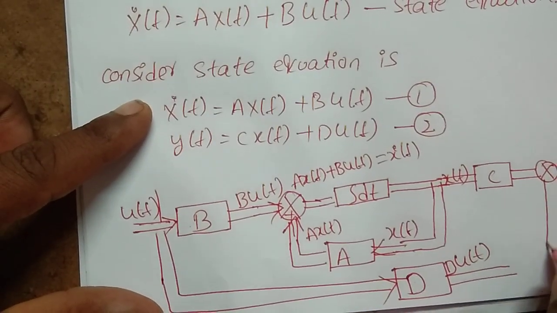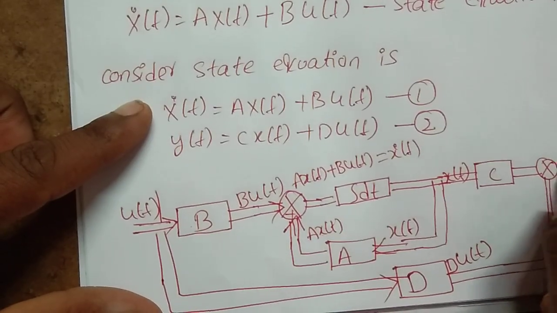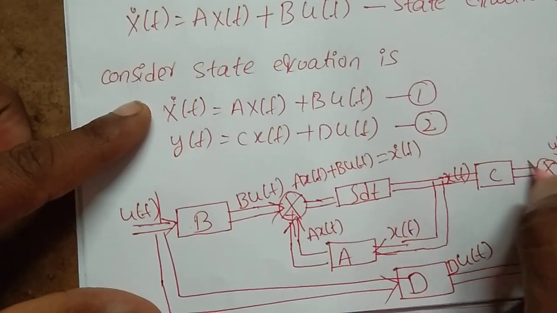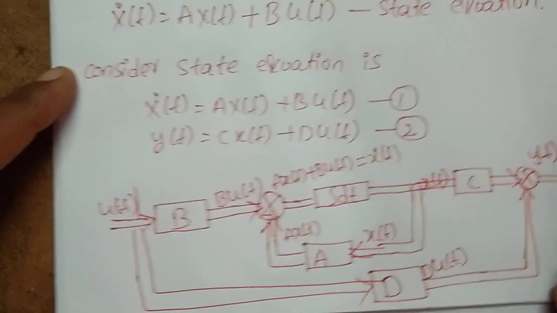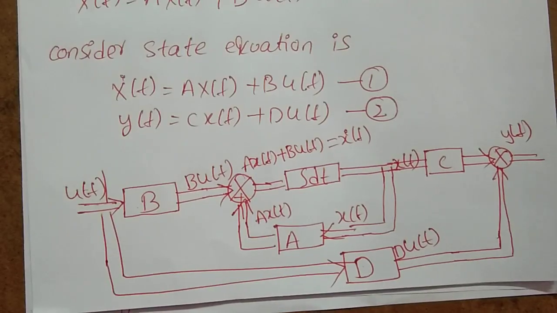This is the summing point, like this. Finally you get the output y of t. This is the block diagram representation of the two input variables of the state model.